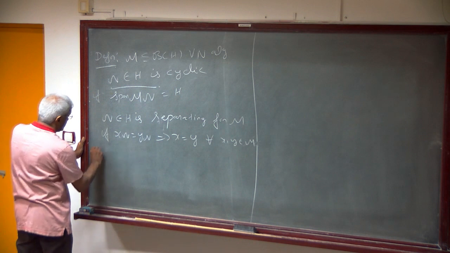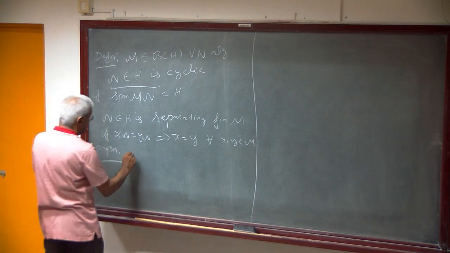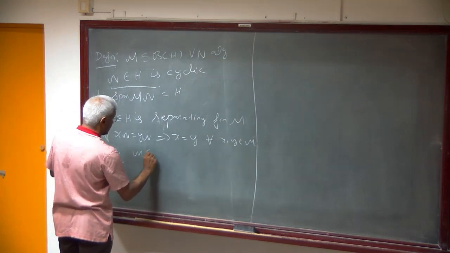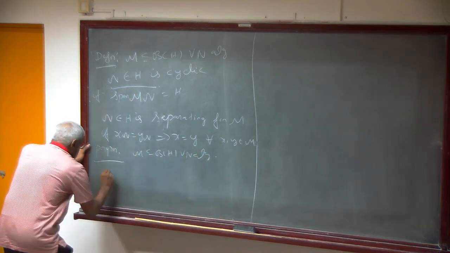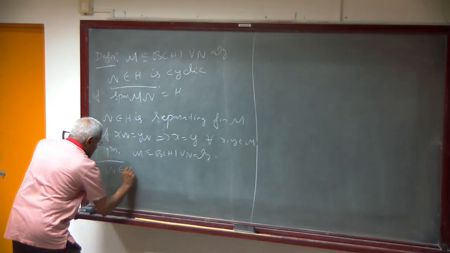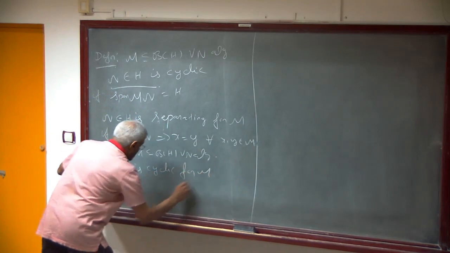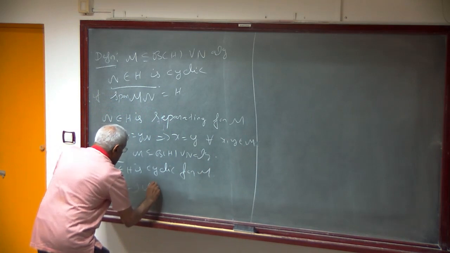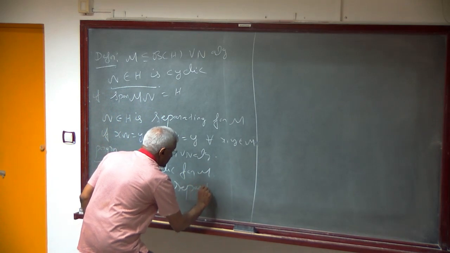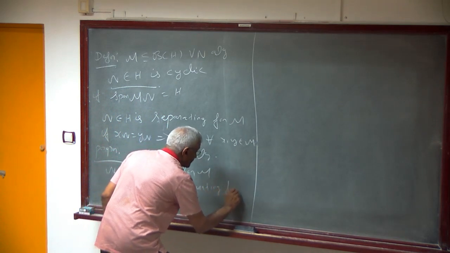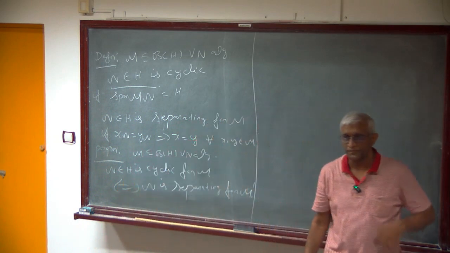So proposition, actually just a remark. If we have M contained in B(H), then omega in H is cyclic for M if and only if omega is separating for M prime, the commutant.